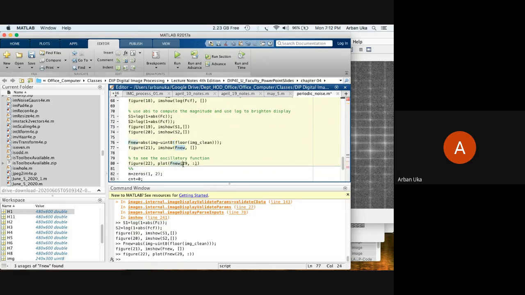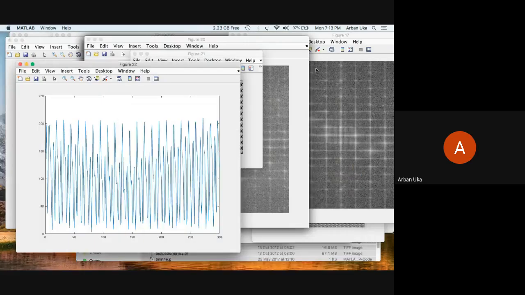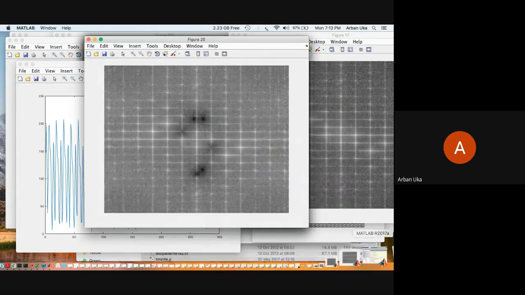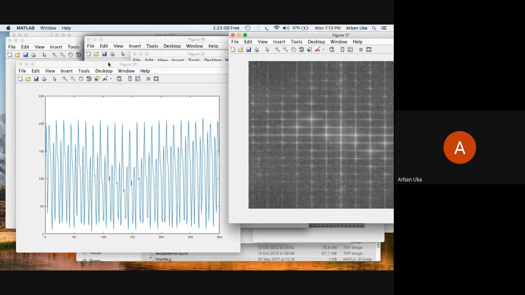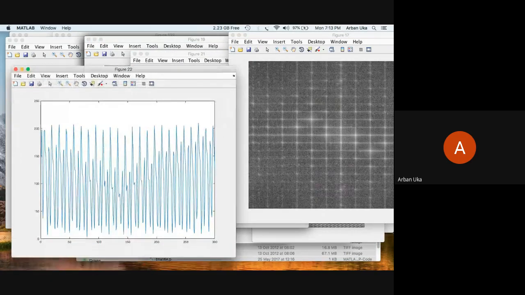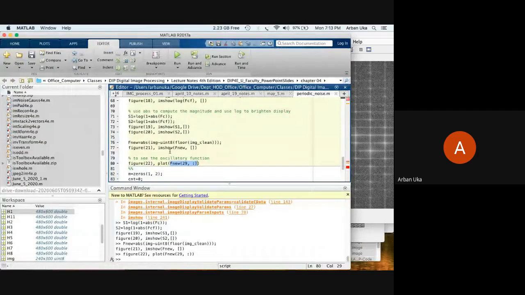Then this f new, what we are trying to plot here, is in line 29 the matrix f new. So figure 22, let's have a look at figure 22. No, figure 22 is this one. But before 22, what did we plot? Before 22, we plotted 21. Where is 21?